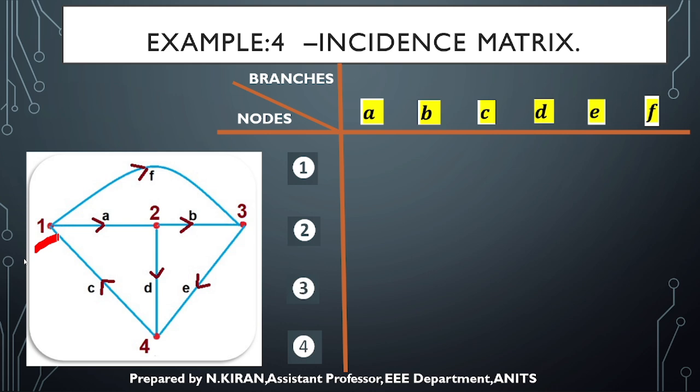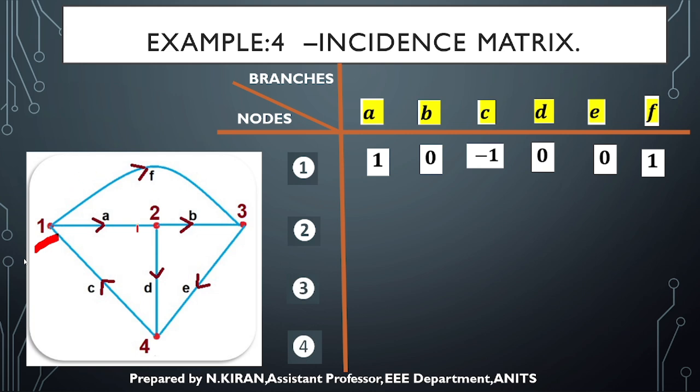When I consider the first node, the A branch is away from the first node, so plus 1. B is nowhere related, 0. C is towards the first node, minus 1. D, E are nowhere in relation with the first node, so 0. And F is away from the first node, so it is plus 1.